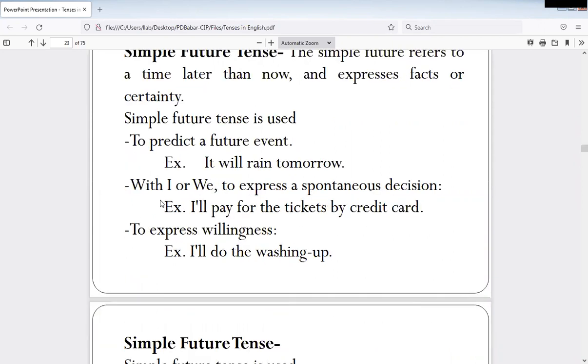So to express spontaneous decisions also we make use of this type of tense, for predicting future, to express a spontaneous decision, to express willingness.